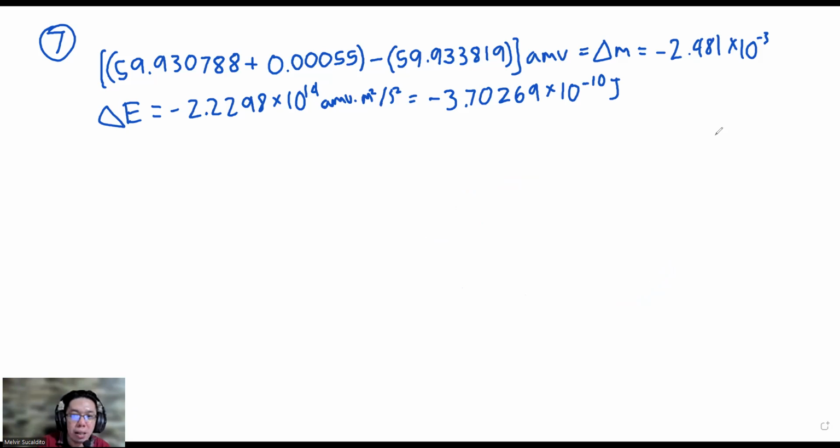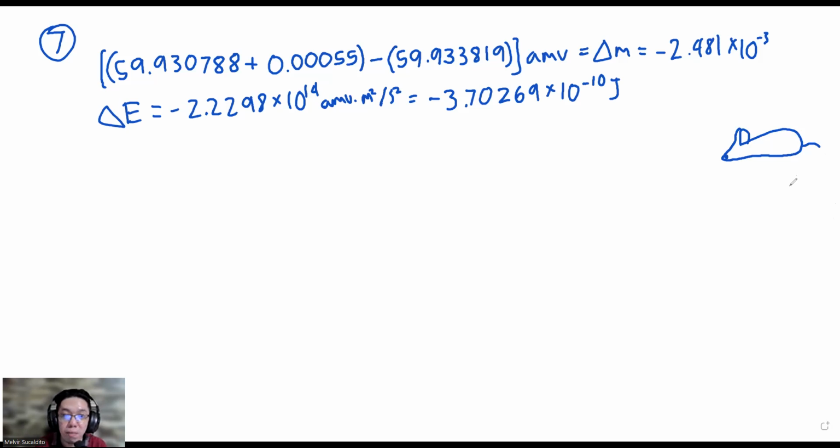Magiging ang delta E mo ngayon in joules. Correct. So, ano tong reaction na to, Josh? You're expecting what? A release or an absorption of energy? A release. Okay. Kasi based dun sa calculations nga natin, di ba?